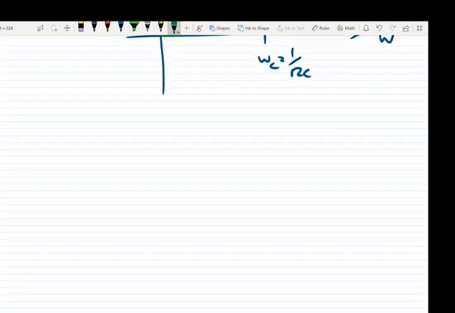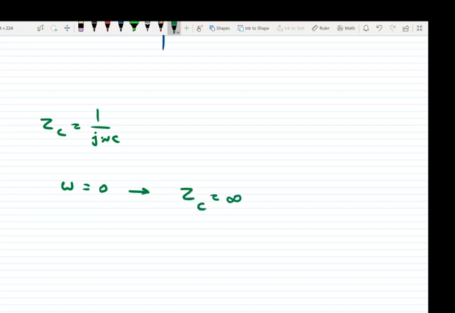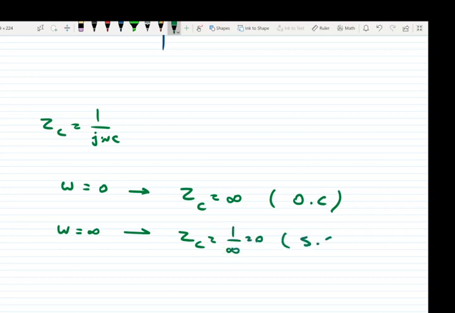We know that Z of C is equal to 1 over j omega C. So this one is the impedance of a capacitor. If omega is equal to 0, what's going on? ZC will be equal to infinity, so it acts like an open circuit. If frequency is infinity, the impedance of the capacitor is 1 over infinity, which is 0, so it acts like a short circuit.